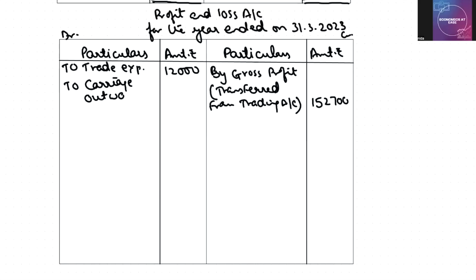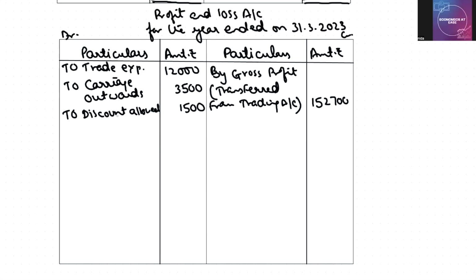To carriage outwards 3,500. Debtors, creditors, bills, furniture, discount allowed. To discount allowed, okay, 1,500.